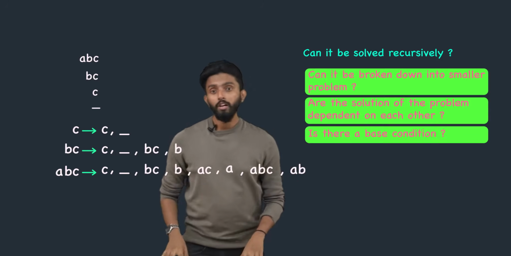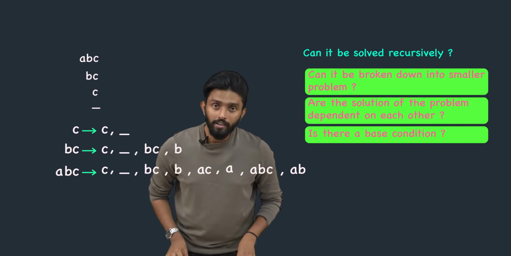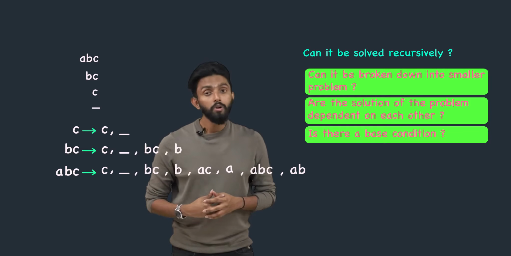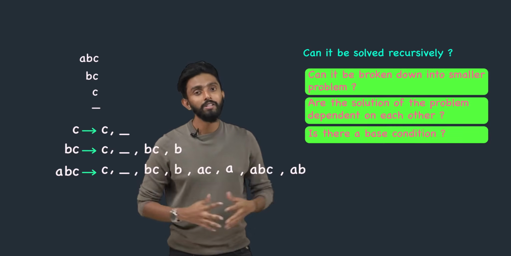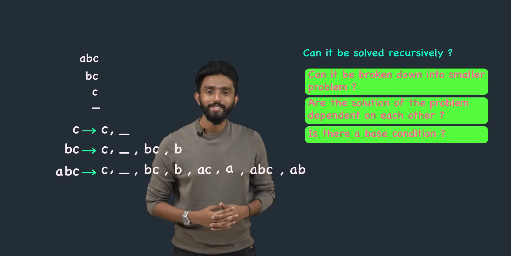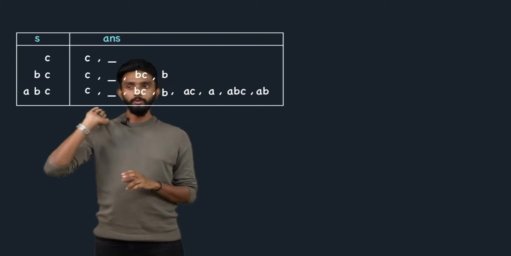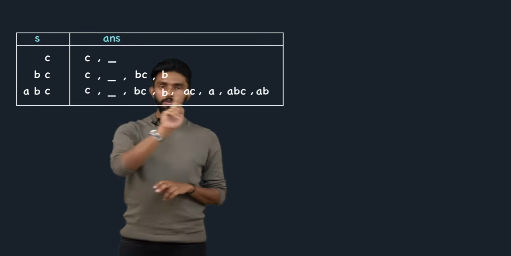So now that we understood that certainly we can solve it recursively, let's try to build the recursive solution. Now you can notice something very important here. These are all the subsequences of C, subsequences of BC, subsequences of ABC.